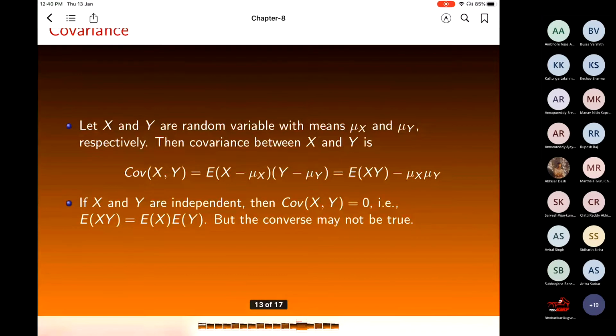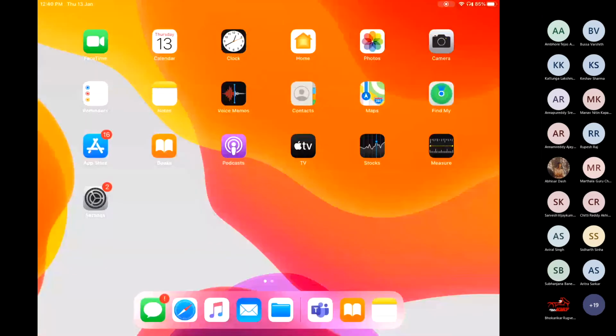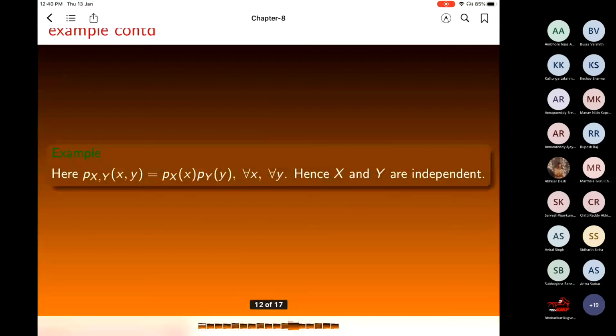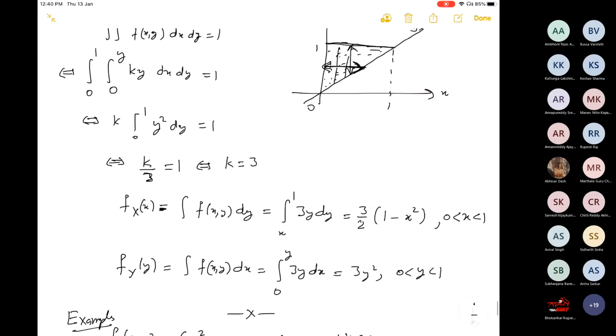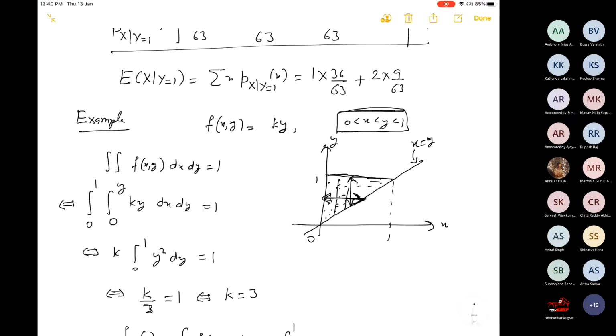Then you have to find out, similar to the case we have discussed just now, you have to plot this area and see. You can find out the marginals and see whether the joint is the product of their marginals or not. Yes, sir. Okay, so you have to do that.